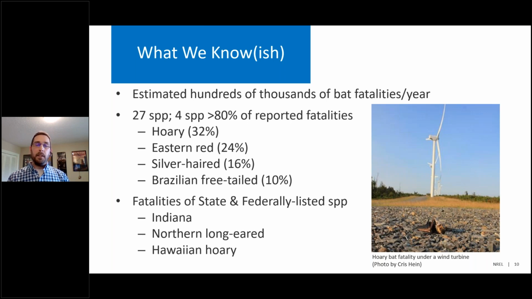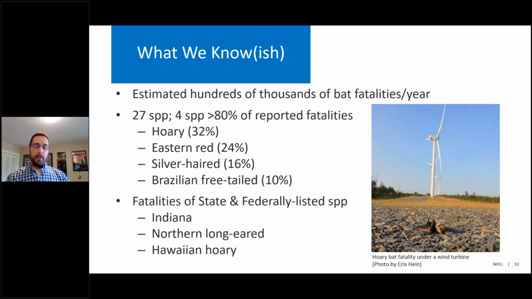These fatalities come from 27 species, but the most that have been reported come from 4 species, 3 of which we commonly call migratory tree-roosting bats, the hoary bat, the eastern red bat, and silver-haired bat, and also another migratory species, the Brazilian free-tailed bat, can make up a large percentage of fatalities within its range.